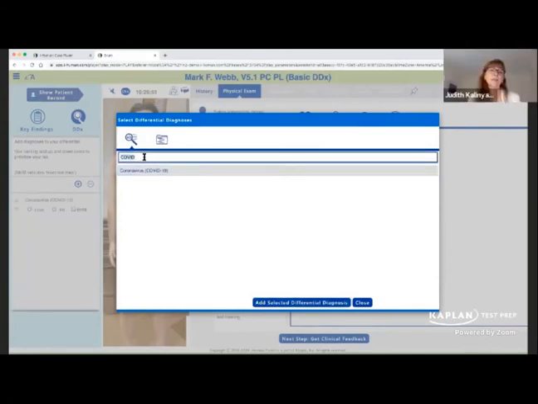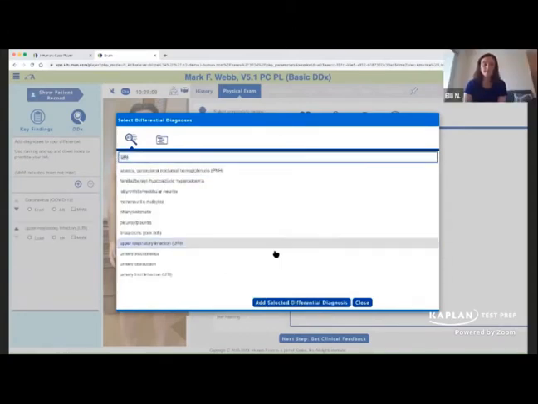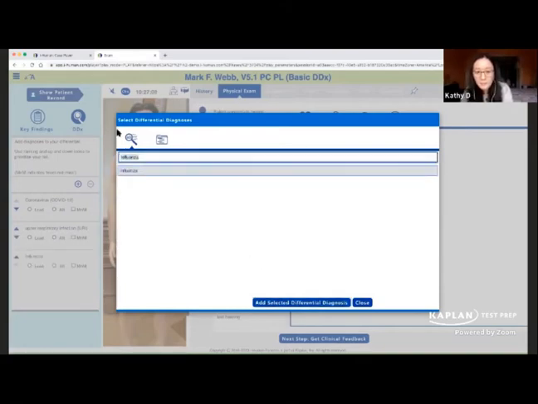Okay, so we're going to say COVID is one, upper respiratory infection, and influenza. Okay, let's do that. Acute asthma exacerbation. Okay, can do that. Bacterial pneumonia as a must not miss.